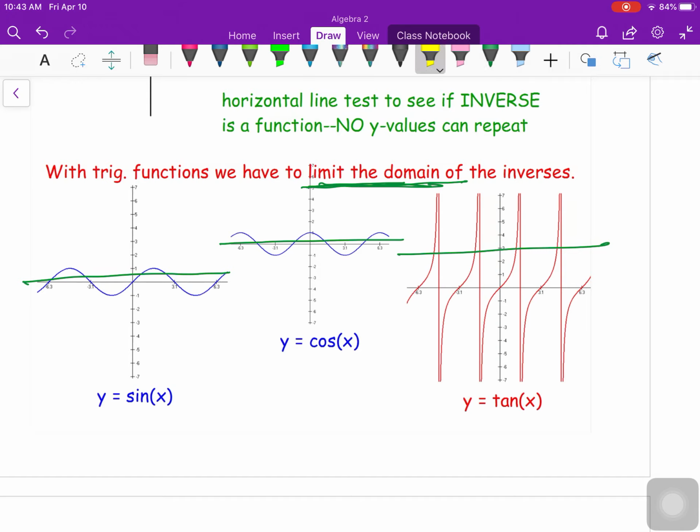So that means when we're looking at inverse sine, if I only look at this part of the graph from here to here, I can see that that would be a function. So if I do my horizontal line test through there, I see it does not repeat itself.